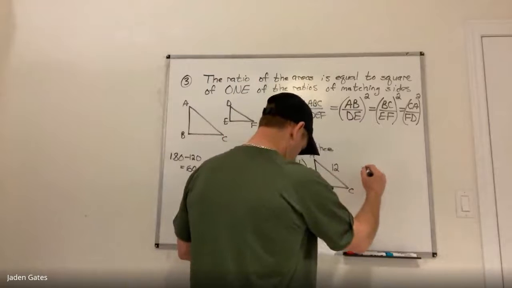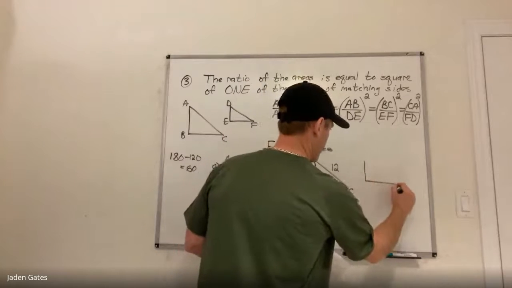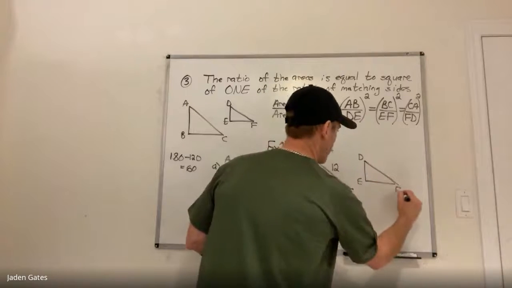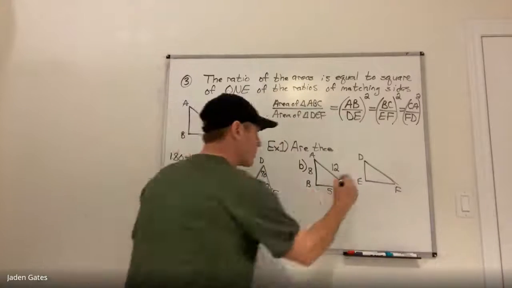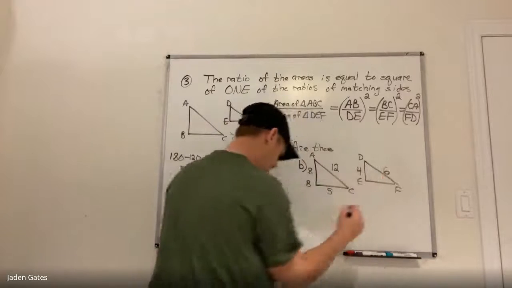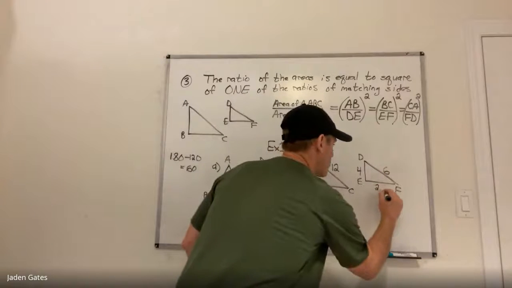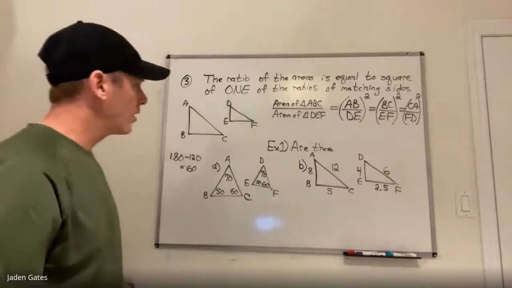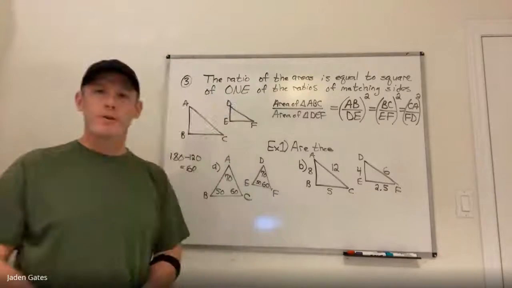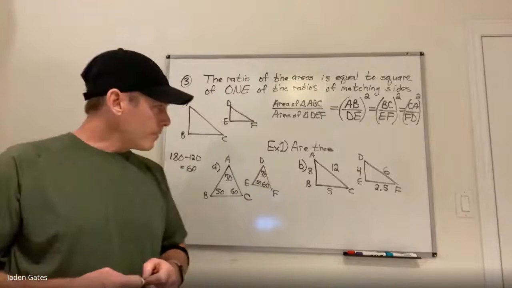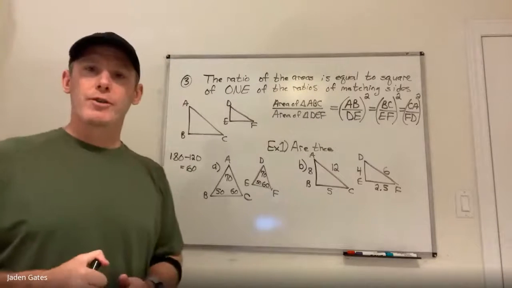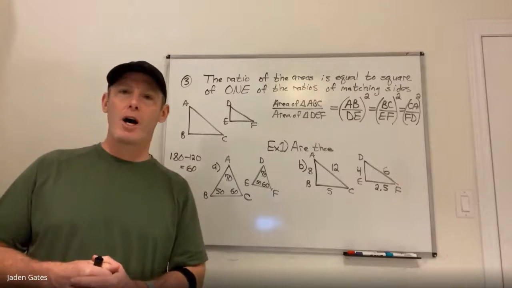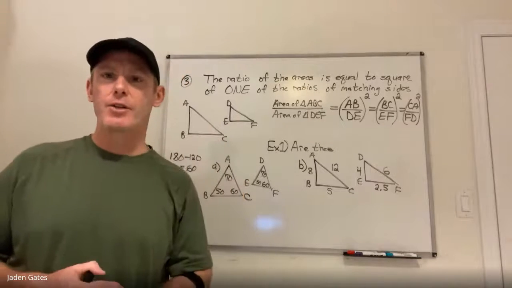And now I got the second triangle, which again I'm going to call DEF. All right, and I know that this is 4, 6, and 2.5 right there. So I want to see if they are similar triangles. Now, this comes down to property number 2, where we looked at whether the ratios of the matching side lengths are equal.